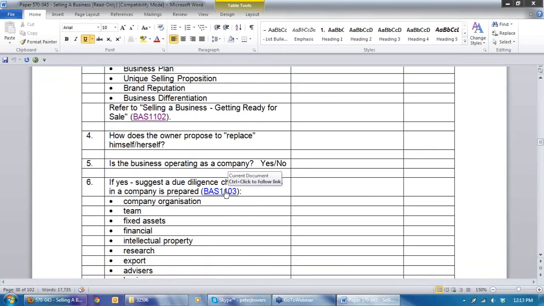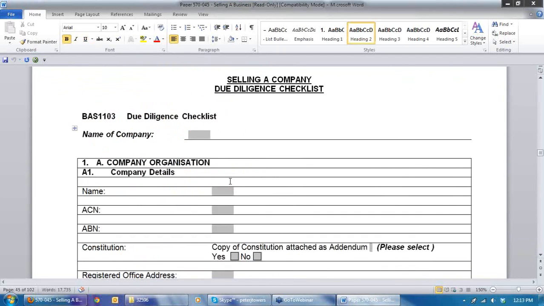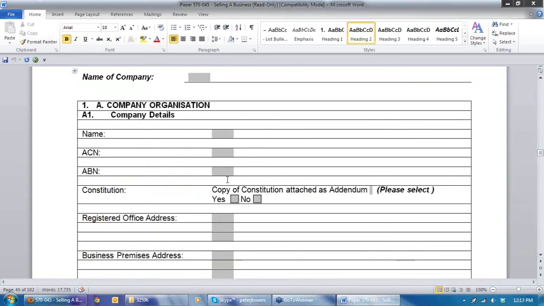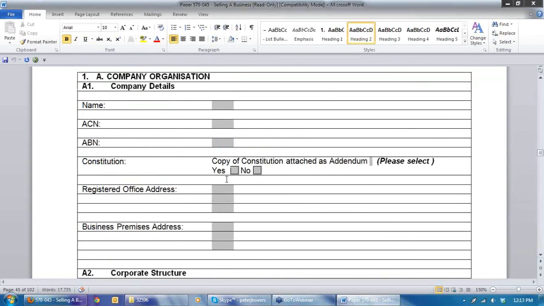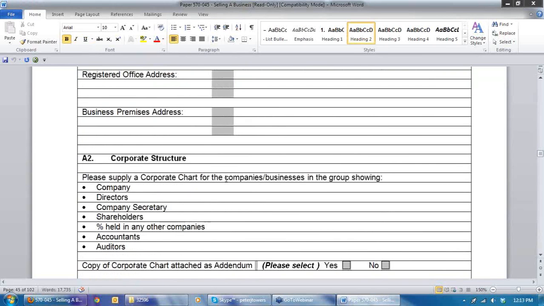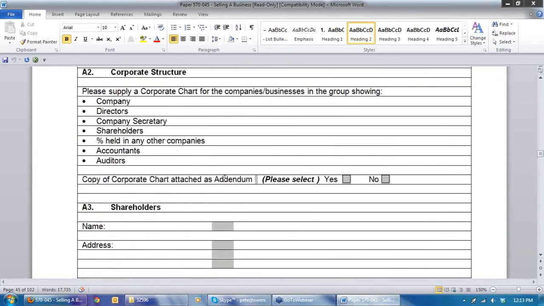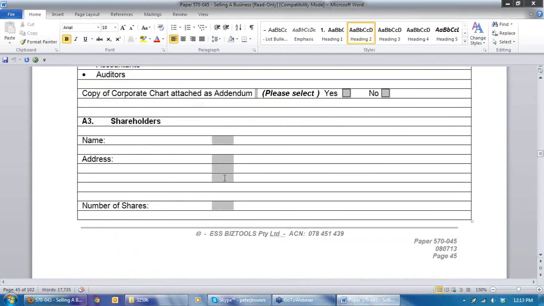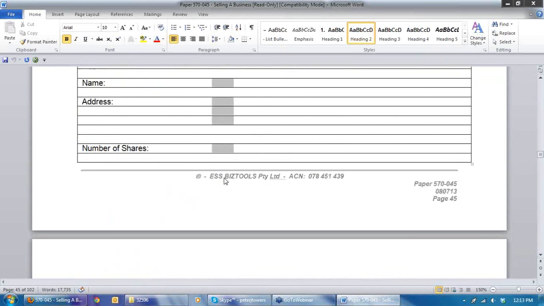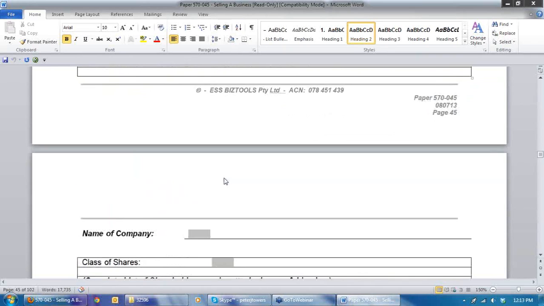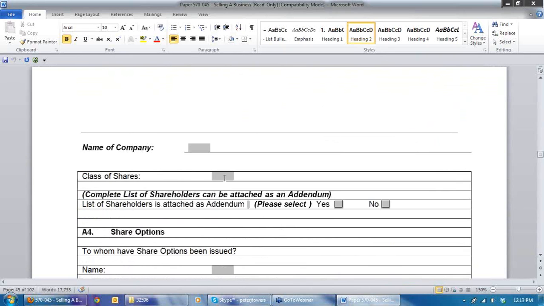So we have a due diligence checklist for shares in a company. So if the vendor is a company and the only way that the sale can be affected is through selling shares in the company, what we're suggesting is that the purchasers' accountants may well be appointed to undertake a due diligence review of the company and all its records.